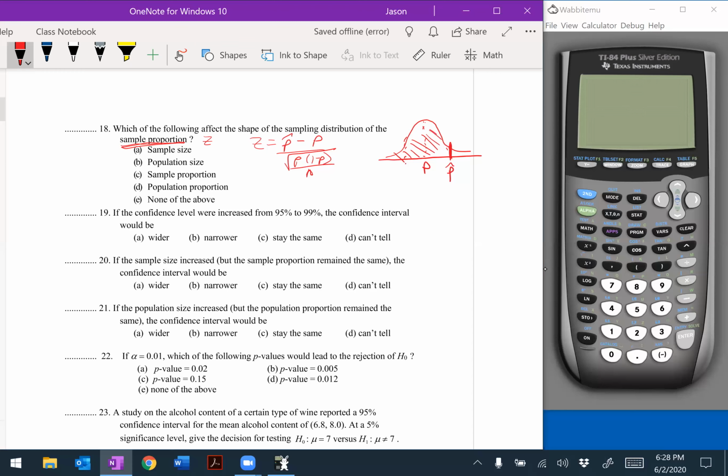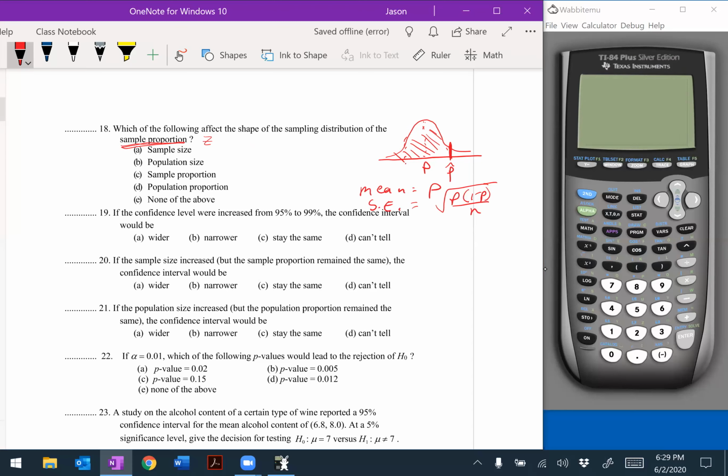But what's going to affect the shape of this thing? Well, what's the mean? The mean is the population proportion. What's the standard error? Let's not use z-score. The standard error is the square root of p times 1 minus p all over n.